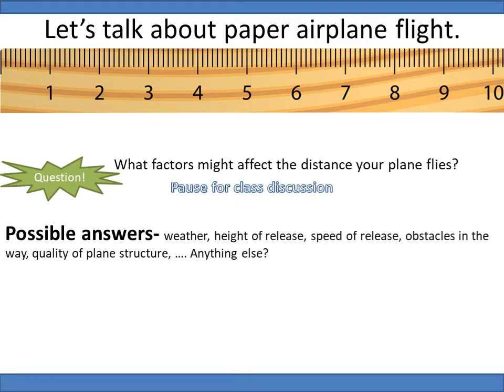Possible answers are the weather, say if there's wind or rain, the height of release, how high in the air your hand is when the plane leaves it, the speed of release, the obstacles in the way. Are there trees? Is there a playground that it can crash into? The quality of your plane structure. Were there any other ideas you came up with?